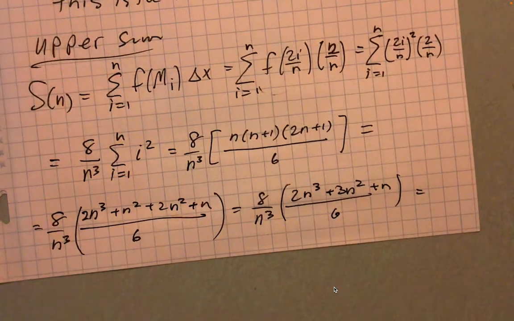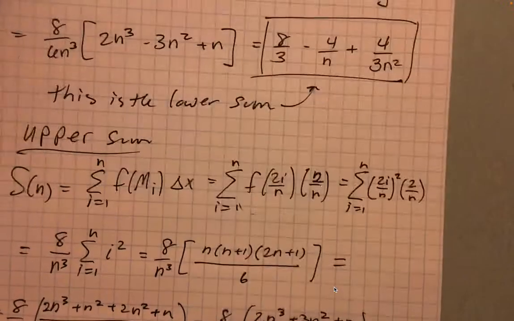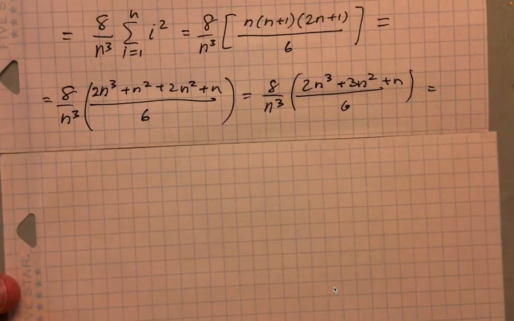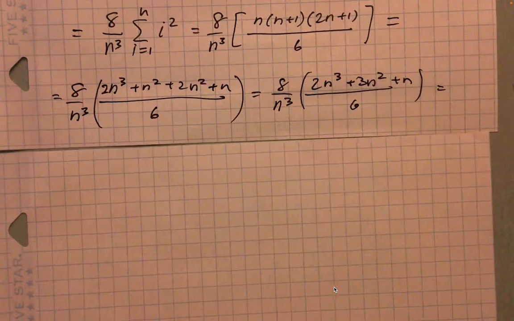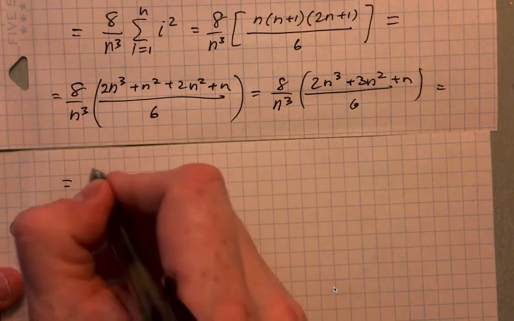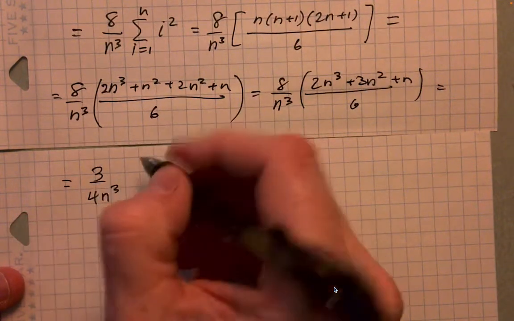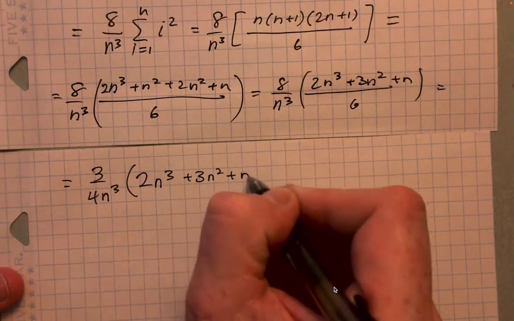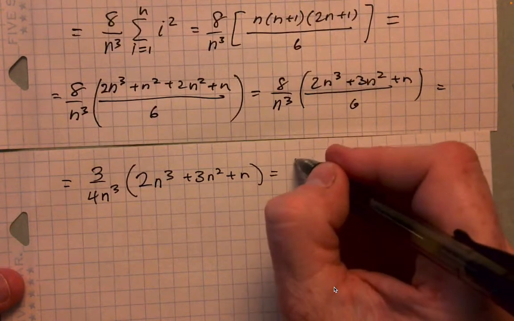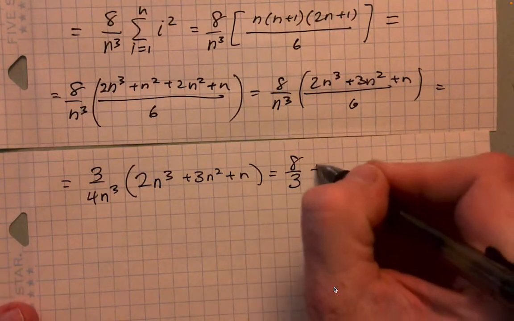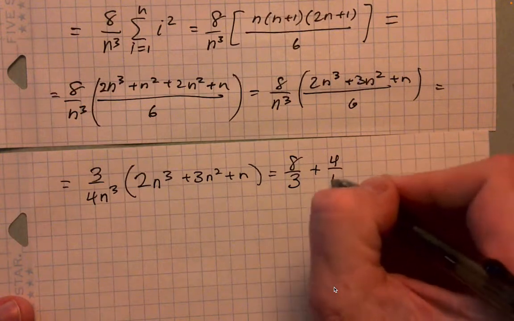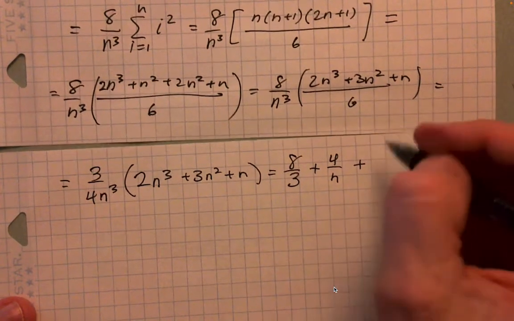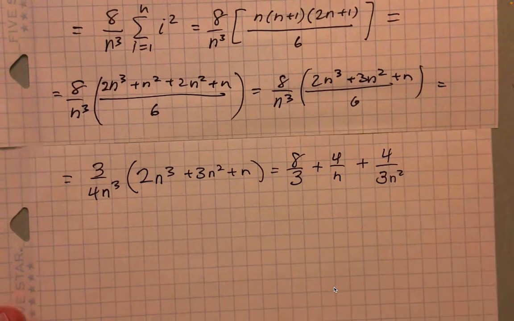Okay, so I know we're getting very close to the end here. Very good. That all compact can be broken apart. We want to break the terms out so we can see what they all are. It can be written as 4 over 3n cubed times 2n cubed plus 3n squared plus n, which is, now here you're going to get 8 over 3 plus 4 over n plus 4 over 3n squared.